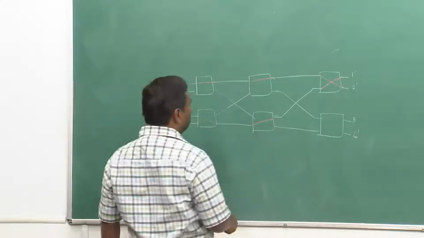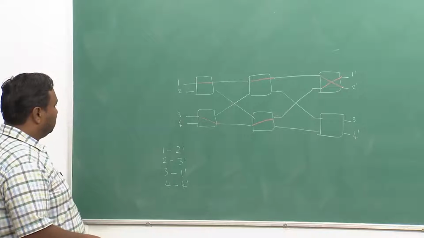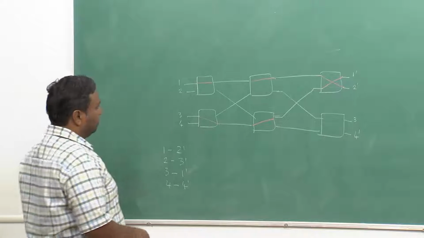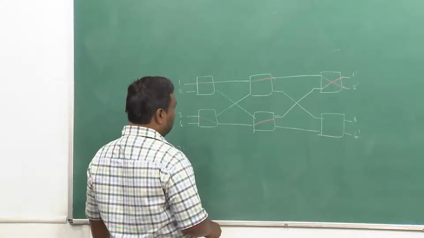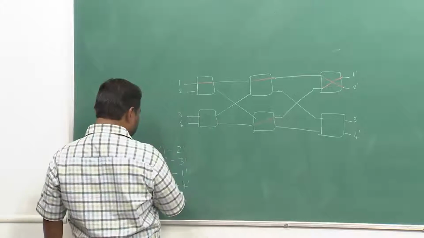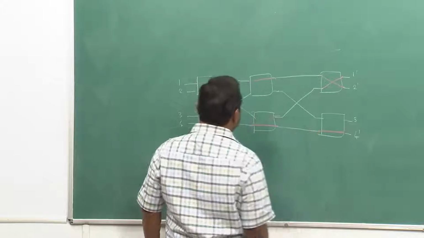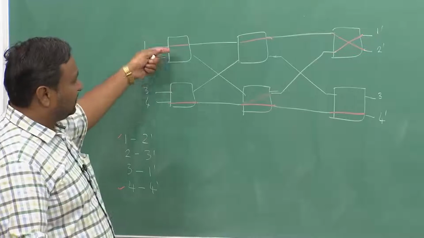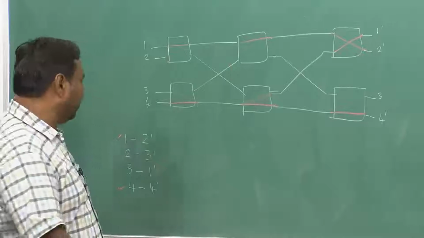In fact, there is not going to be any blocking in this case. Or maybe I can introduce a blocking by setting up this, then 4 to 4 I will set it up. Now, I want to set up 2 to 3 prime, I have no path. So, I cannot go here, I cannot go here, it is not possible, the blocking has happened.